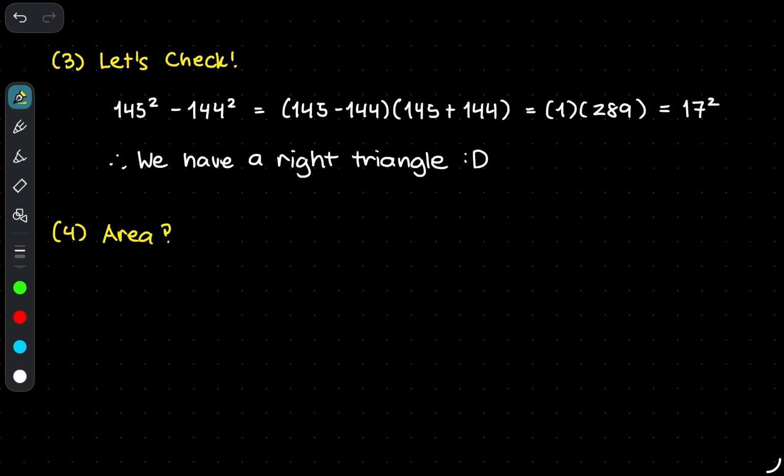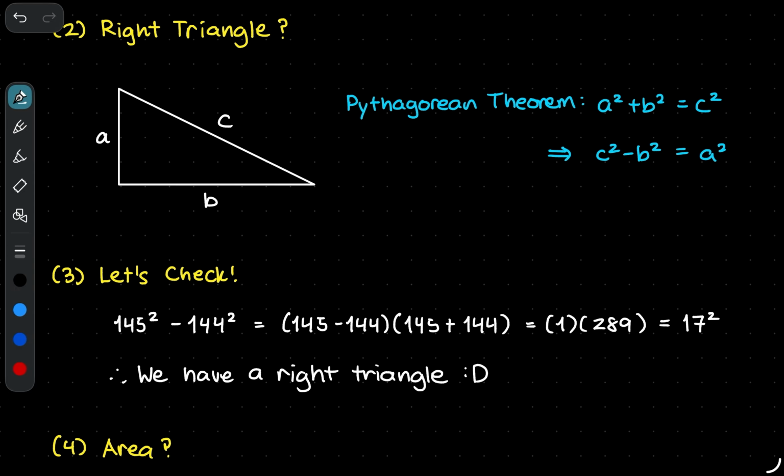Recall that the area of a right triangle is given by 1/2 times base times height. In our case, the base here will be given by 145. Oops, I'm wrong about that. It should be 144. And this here will be given by 17.